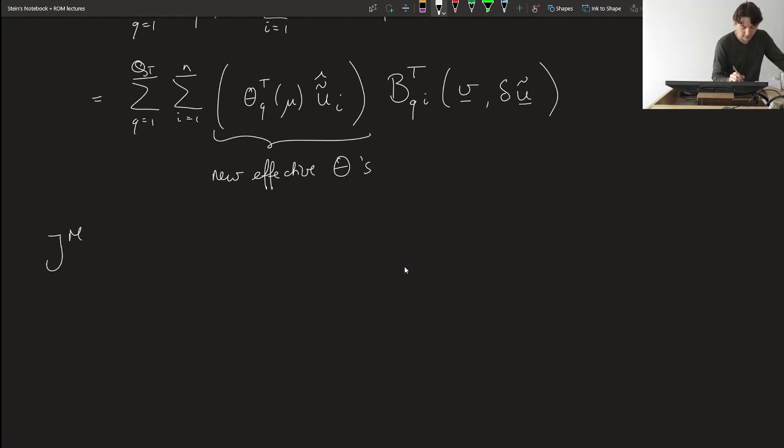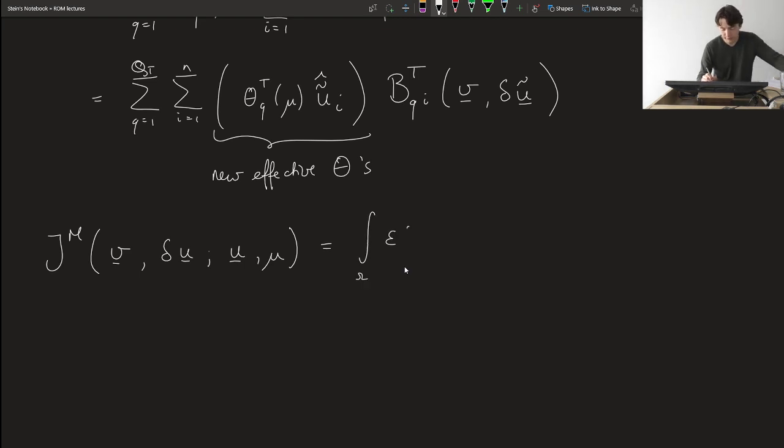Let me rehearse. We're interested in a bilinear form, the Jacobian, which is linear with respect to v, and linear with respect to our increment del u, which takes as known knowledge our solution from our previous iteration and a parameter point. Our definition of this bilinear form was the integral over omega of the strain field of our test function, double contracted with our stiffness tensor.